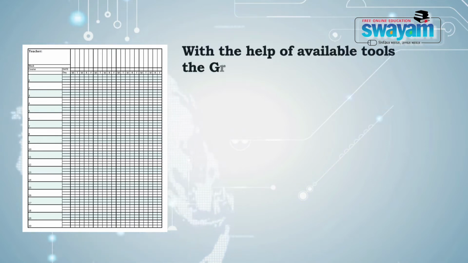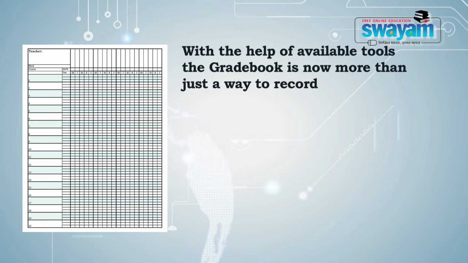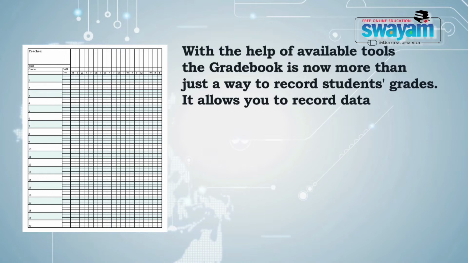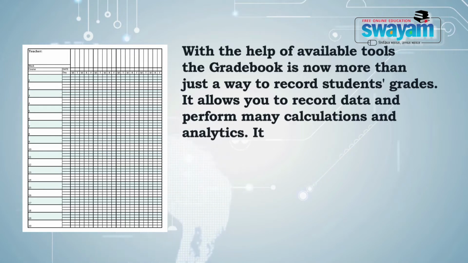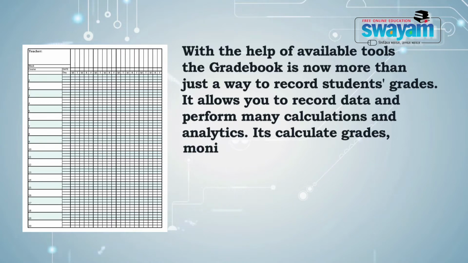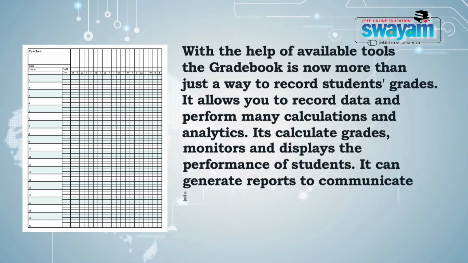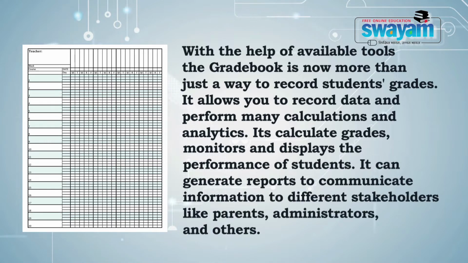It allows you to record data and perform many calculations, computations, and analytics. It calculates grades, monitors and displays the performance of the class as a whole and for a student individually as well. It can generate reports to communicate information to different stakeholders like parents, administrators, and others.